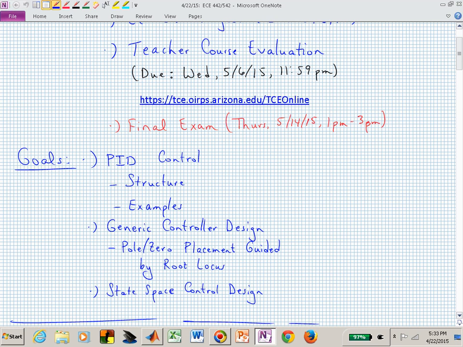Do you remember what that means? So we want, in terms of orders of polynomials on the numerator and denominator, for it to be causal. Right-sided would be the description for a signal.